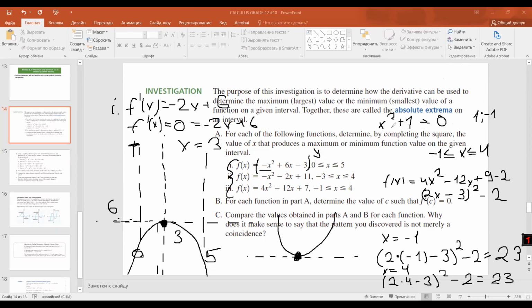Oh, sorry, x squared plus 1, I'm wrong, that gives imaginary numbers. We haven't learned that yet. It's minus 1, so let me fix it. x squared minus 1. Now it's better. Now you see that you have 2 solutions.